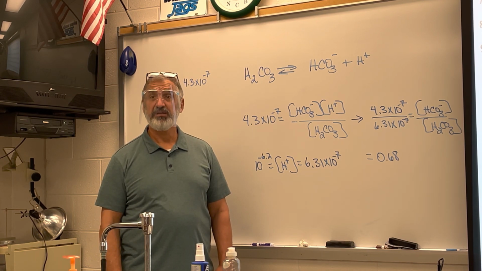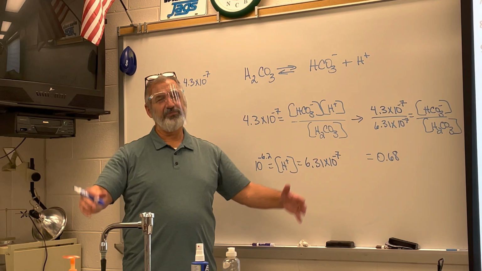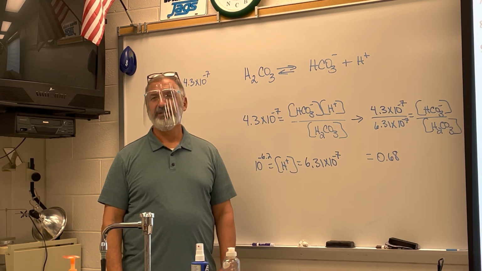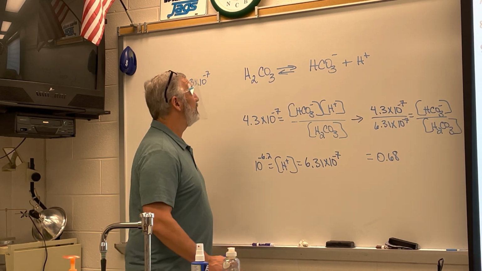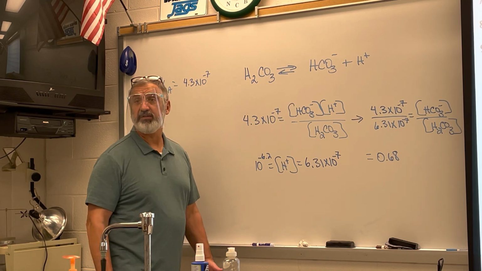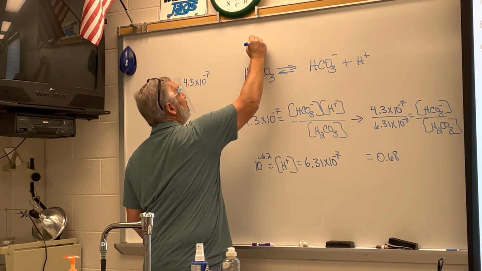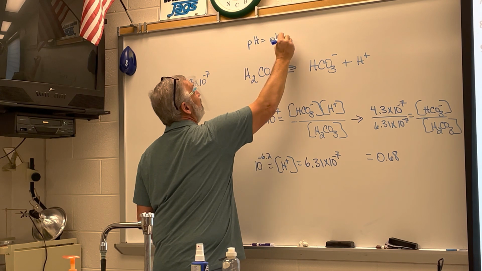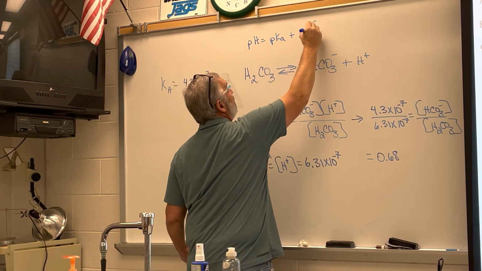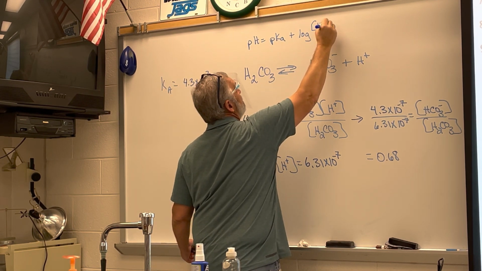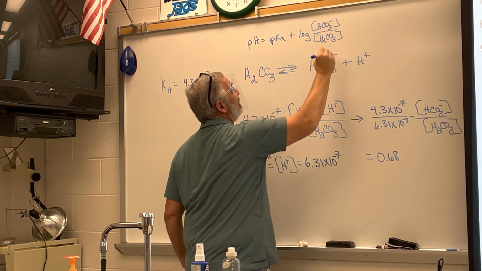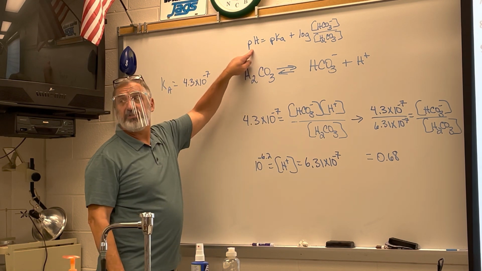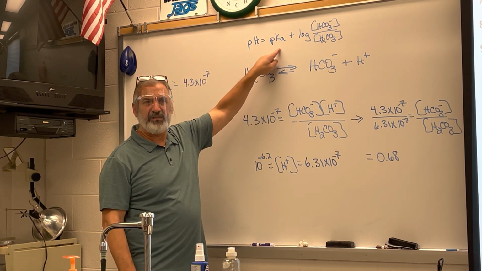Is this one where we could use the Henderson? You did perfect. I was just going to go there. Can we use the Henderson-Hasselbalch equation, which is pH equals pKa plus the log of HCO3 minus over H2CO3? We know the pH. What does pKa mean again?